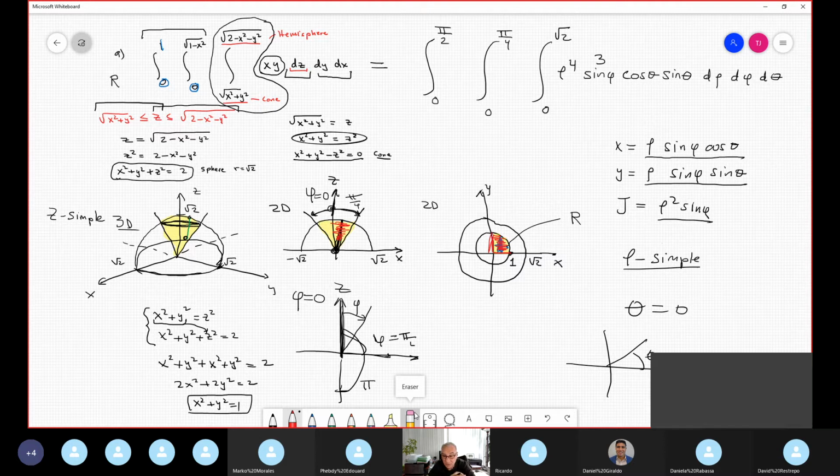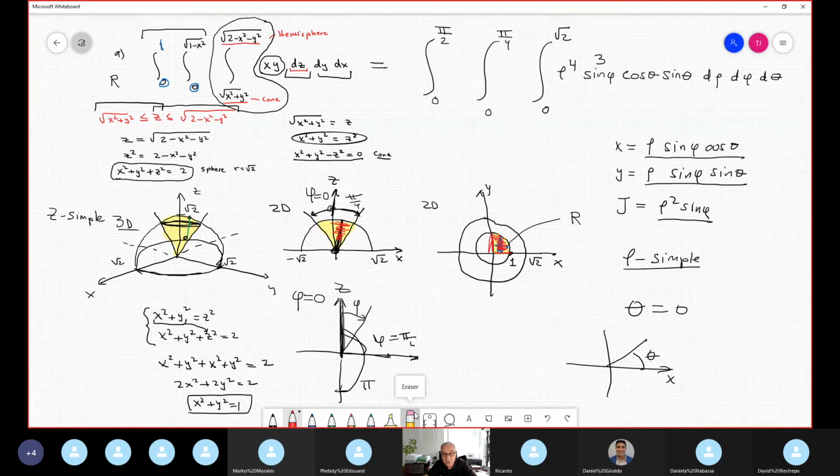This is the challenge, guys. I give you in the test one integral. You don't know anything. How can one person, different to me, set up this integral in Cartesian? So I need to understand.